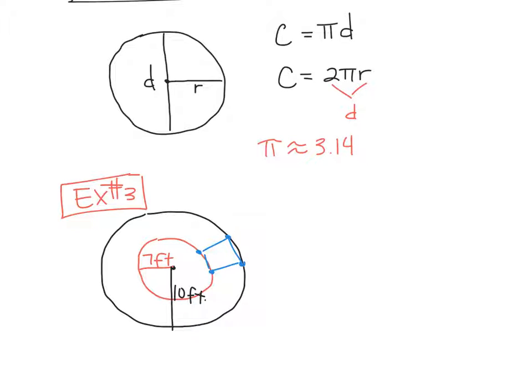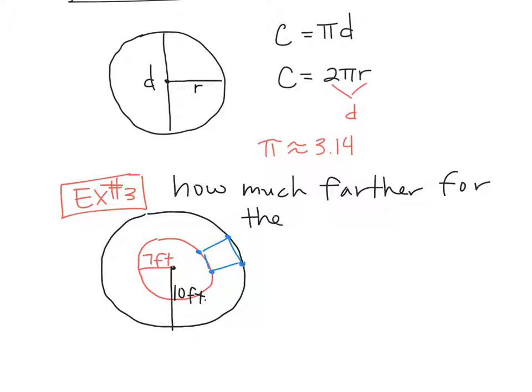And I want to know how much farther, if we do one lap, for the outside wheels. Okay, so how much further are these outside wheels going to go than these inside wheels if we do one exact lap around that track?